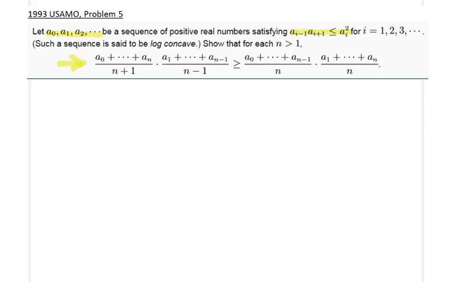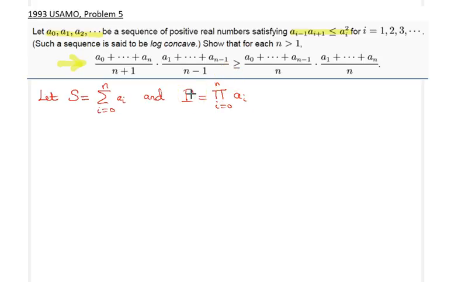In order to simplify the arithmetic, I will make the following definitions. Let's call the sum of the A sub i's from i equals 0 all the way to n as S, and let P be the product of these A sub i's from 0 to n.